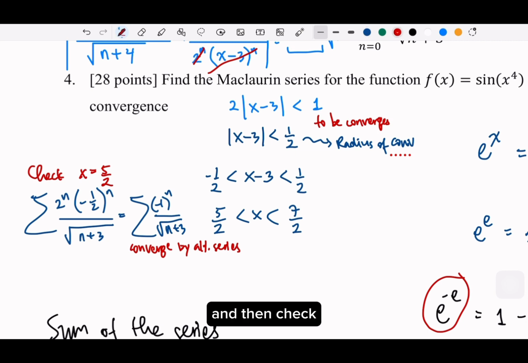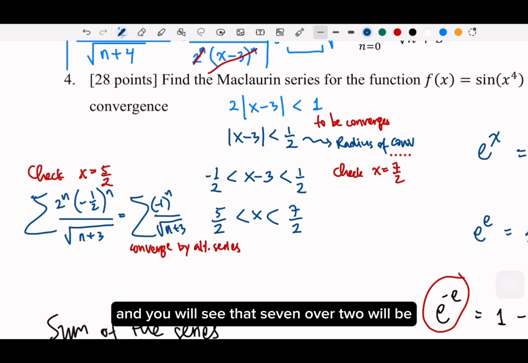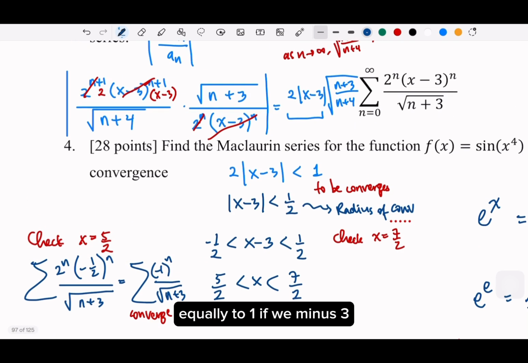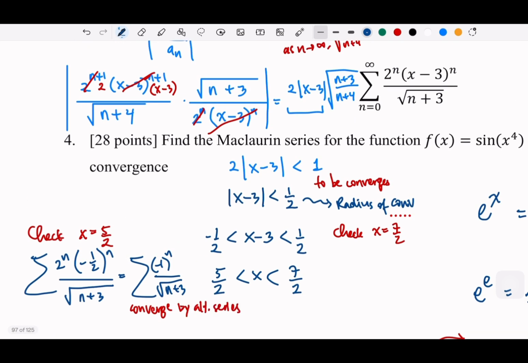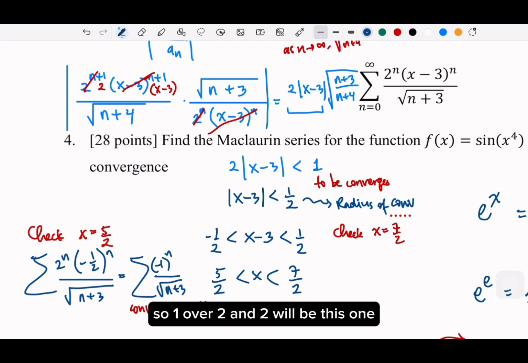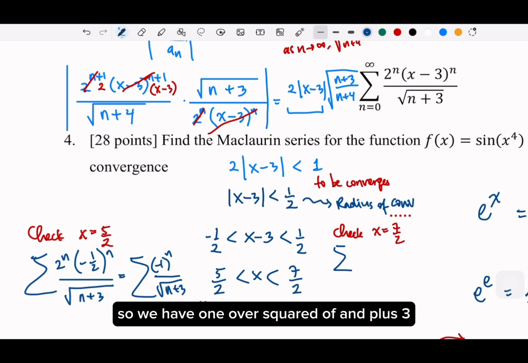And then check 7 over 2. You will see that 7 over 2 minus 3 equals 1 over 2, and with the 2 it will be just 1. So we have 1 over the square root of n plus 3.